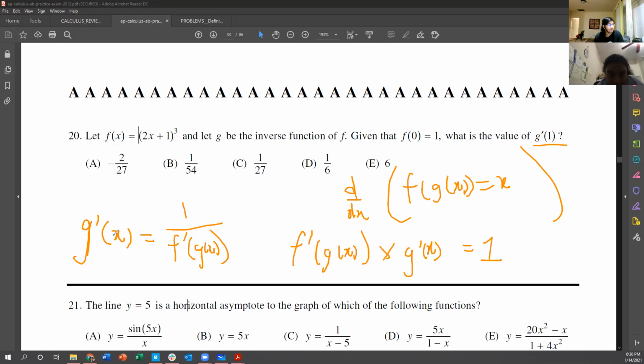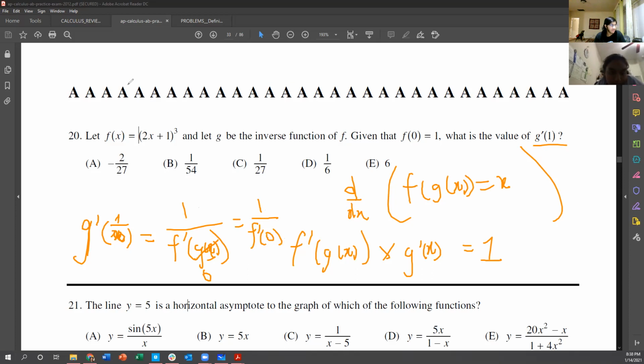So that means g prime of 1 equals f prime of 1, right? No, you can't do it like that. It's f prime of g of 1. Well, if f of 0 is 1 and these are inverse functions, g of 1 is 0. So this is going to simplify to 1 over f prime of 0.